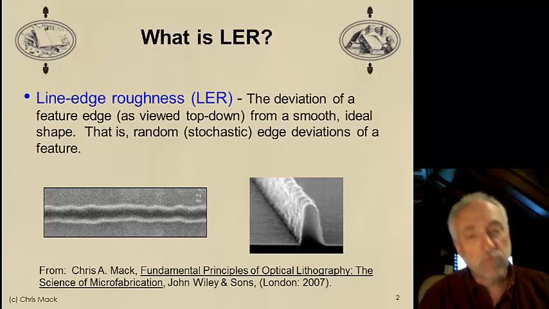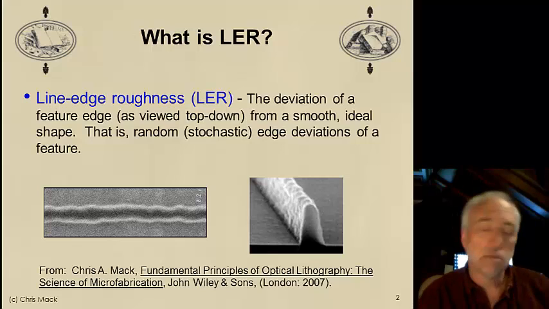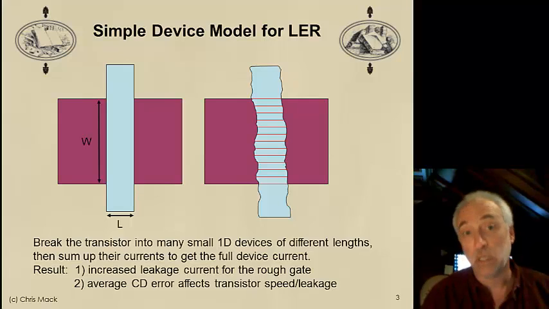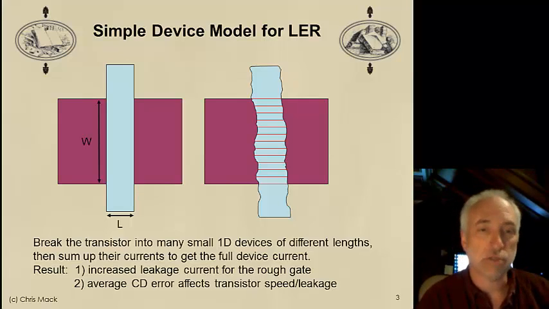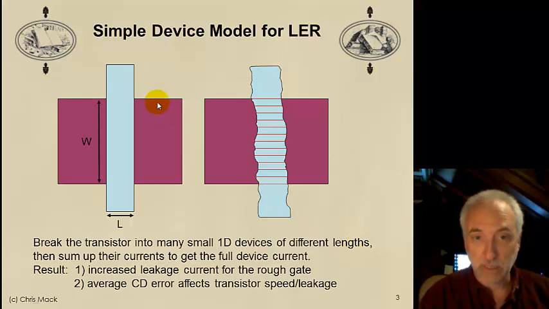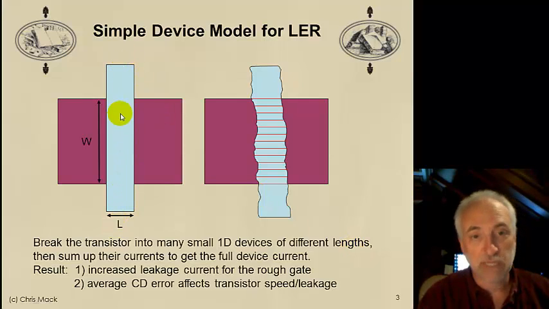So before trying to explain where this roughness comes from, let's take a very simple example to show why we care. And to look at this, I will pick the simplest structure to understand, a gate on an MOS transistor. So here I show a gate. The light blue rectangle represents a polysilicon gate crossing this purple diffusion region.